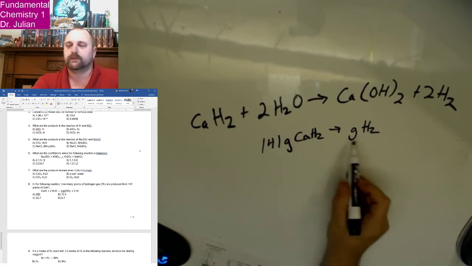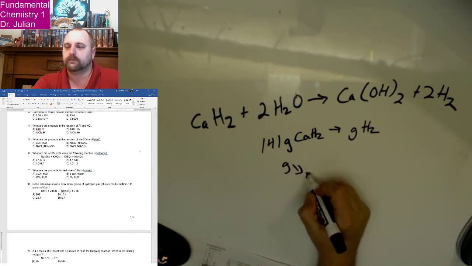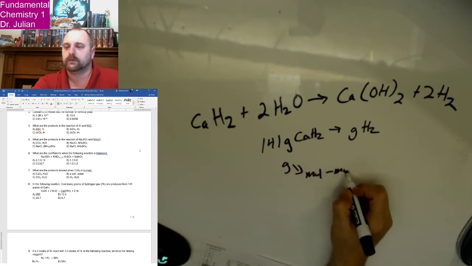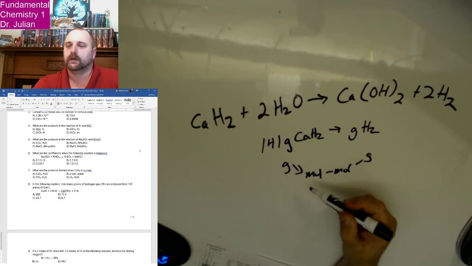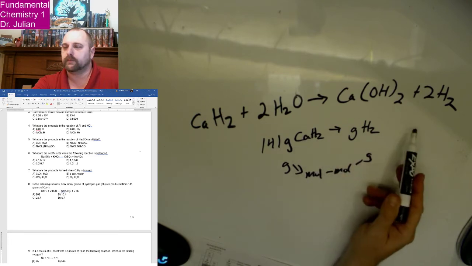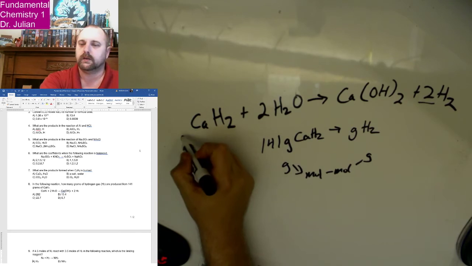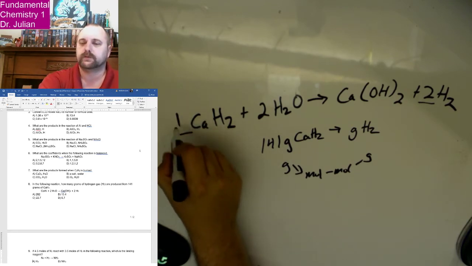All right, notice those two are different, so I've got to cross my scary river. So I'm going to go grams to moles to grams. Grams of CaH2 to moles of CaH2. That'll be the molar mass. Moles I'm going to get from my balanced coefficients.